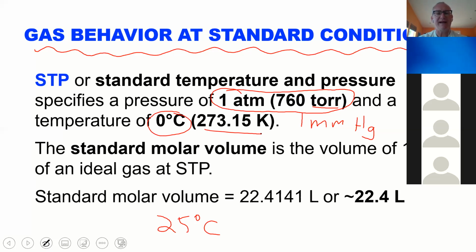The standard volume for 1 mole of an ideal gas at STP, or standard temperature and pressure, is 22.4 liters. It doesn't matter what gas it is. If I have 1 mole of gas at 0 degrees C and 1 atmosphere of pressure, it's going to take up 22.4 liters of volume.